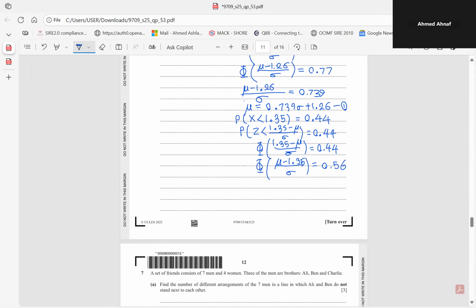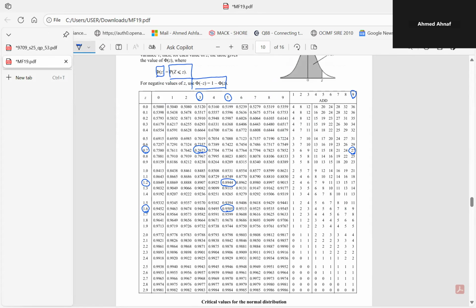And now we can form the equation using our normal distribution table. We have to use it in reverse again. So let's look for the value closest to 0.56, but less than 0.56. Okay, found 0.596. To make it 0.56, you just have to add 4, which is here.